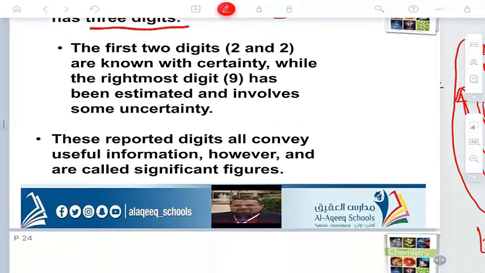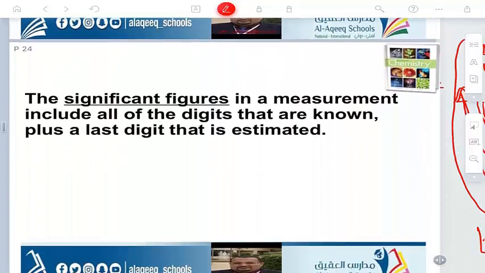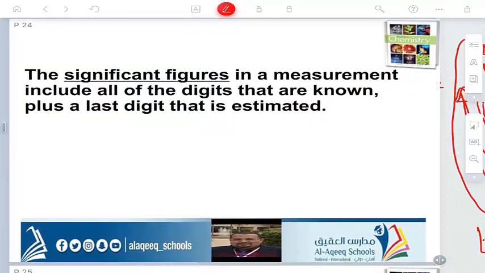To identify the significant figures, you have to identify how many digits you have to represent the numbers by. So the significant figures in a measurement include all the digits that are known, plus the last digit that is estimated.